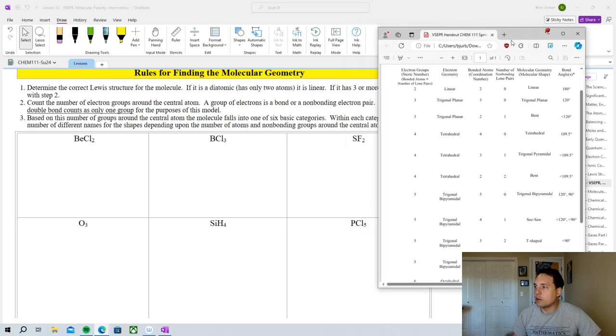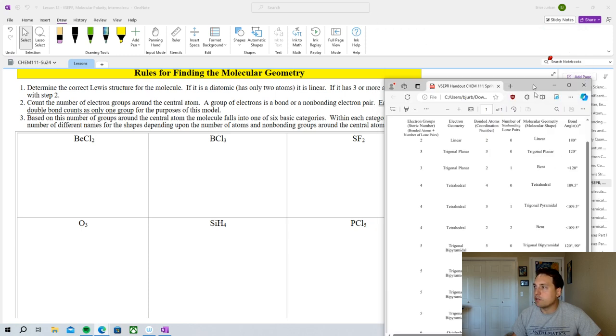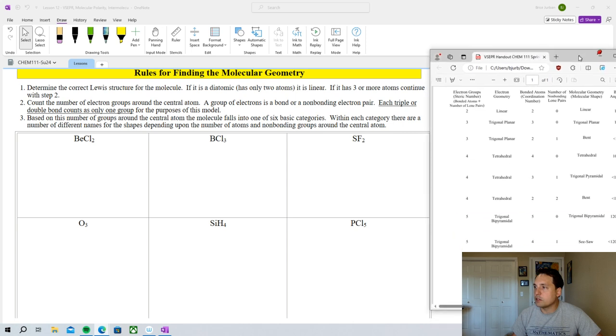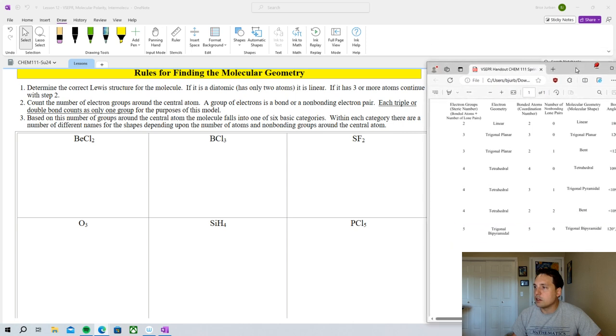If it has 3 or more atoms, then we have to look at this chart here. Now, we'll always want to count the number of electron groups that are around the central atom, because those will impact the molecular geometry. A group of electrons is always defined as a bond or a non-bonding electron pair.